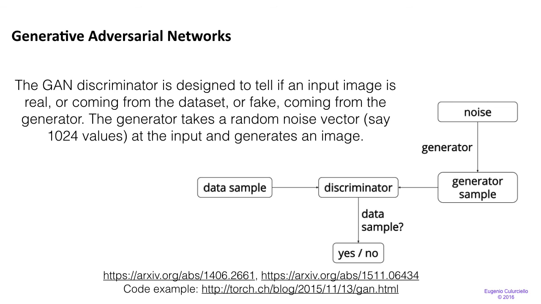At the same time, have the generator create random images. And then what you want to do is train the discriminator to do a very simple task. It has to basically figure out if what you are giving it as an input is a real sample or one generated by the generator.